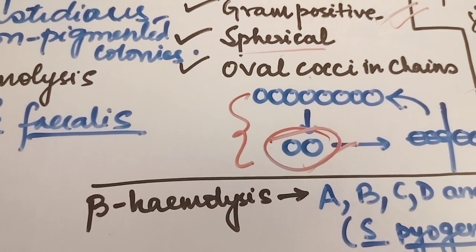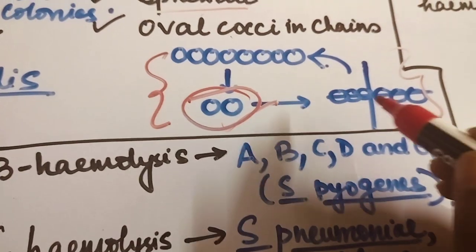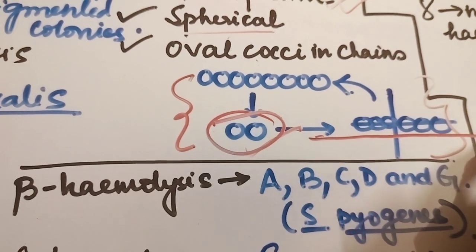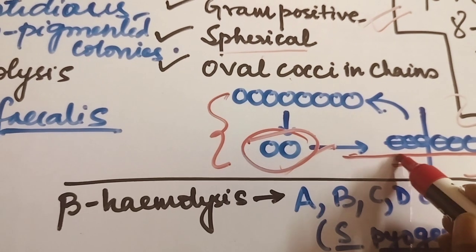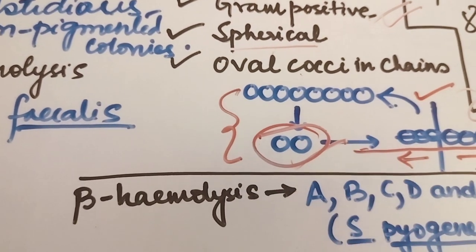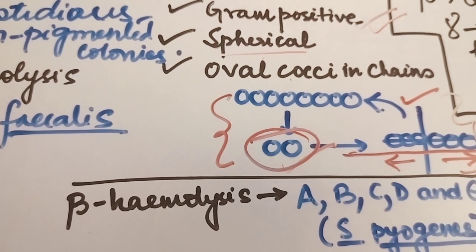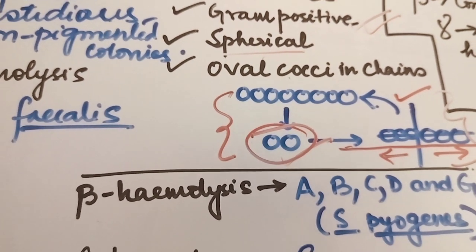Diplococcus means two cocci one after the other in pairs, but when they multiply in this plane, it ultimately results in a chain, and that's why we call it Streptococcus, that is, cocci in chain.